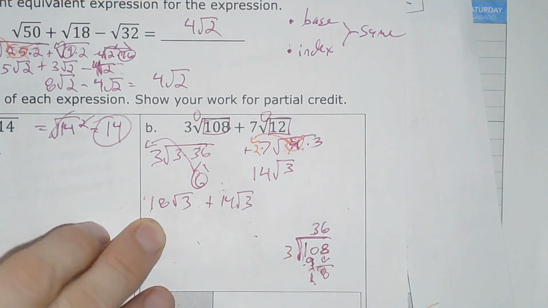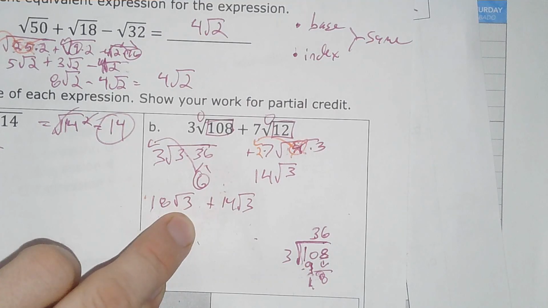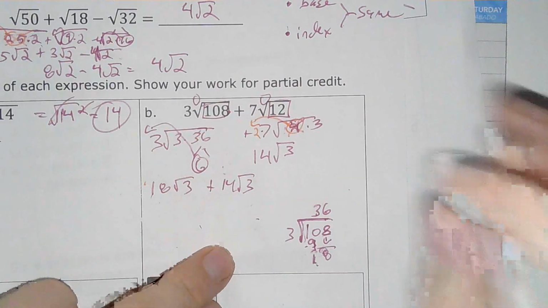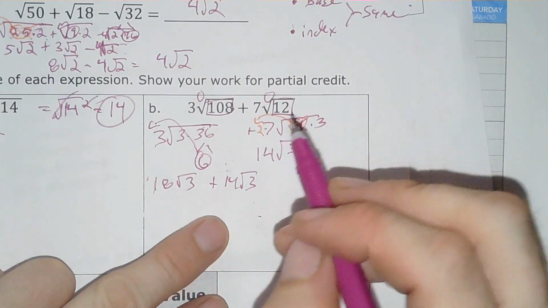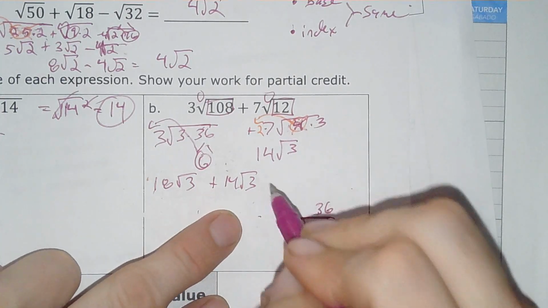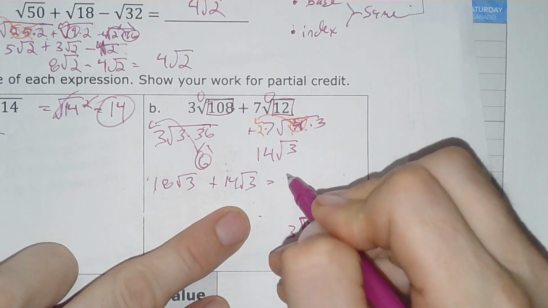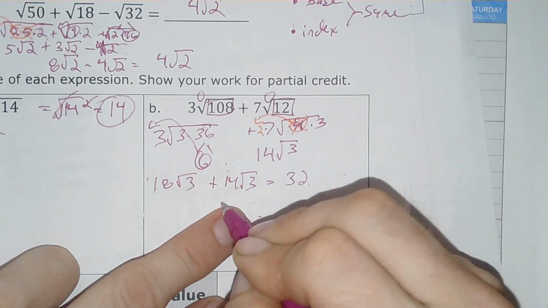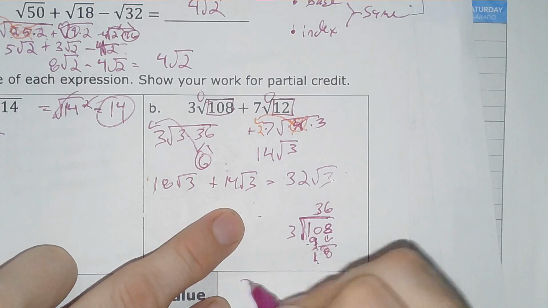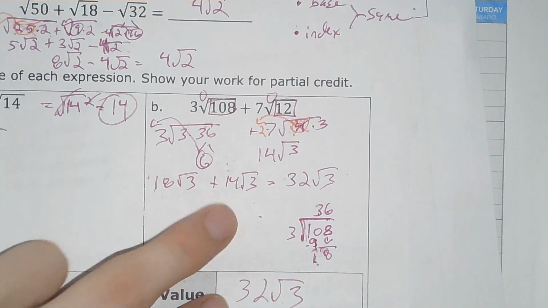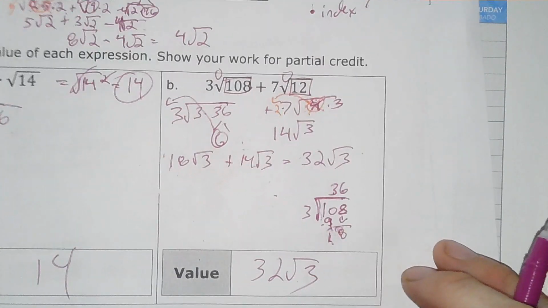Because if I square 18, it becomes 36, and 36 times 3 is 108. Something looked way wrong with what I was doing before. Sorry about that. So 18 plus 14 equals 32, 32 square root of 3, and that is my final answer there.